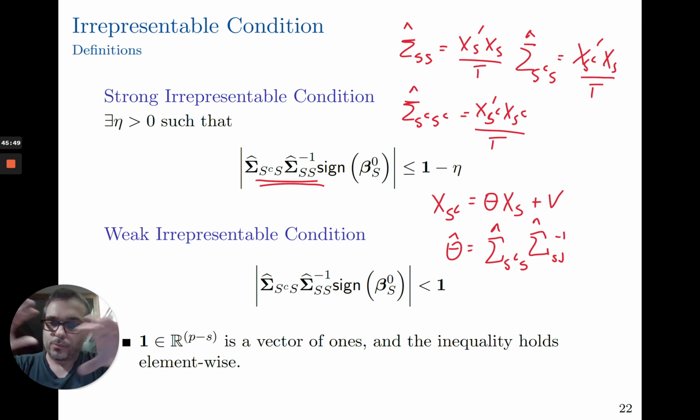So this is the translation for this condition with this weird name, the weak irrepresentable condition. But basically, take the relevant variables, take the irrelevant ones. You want the correlation between them to be pretty small. We don't care about the correlation within each group, but in between the groups, that's the important one here. Okay?